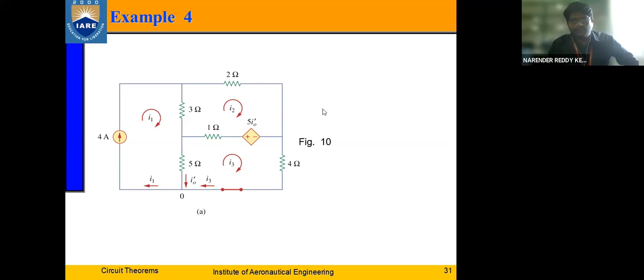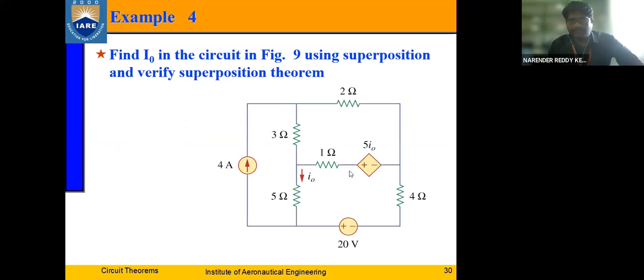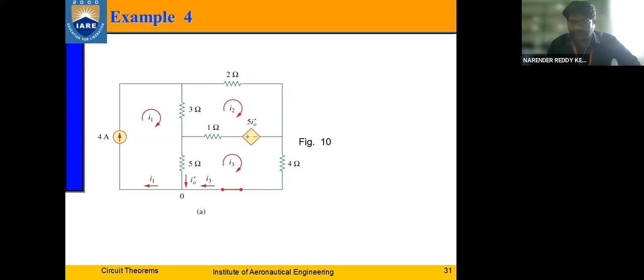You can use the conventional method to find the values of I1, I2, I3, or you can keep I1 equal to 4 and write the loop equations for 2 and 3. No issues, you can go in any procedure.